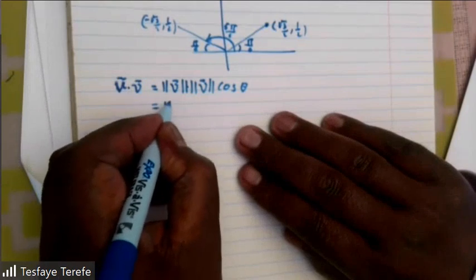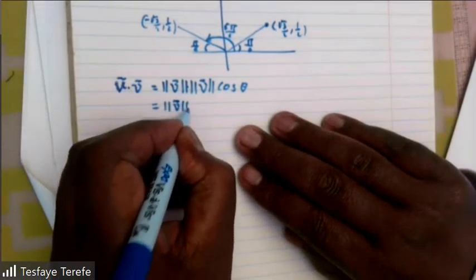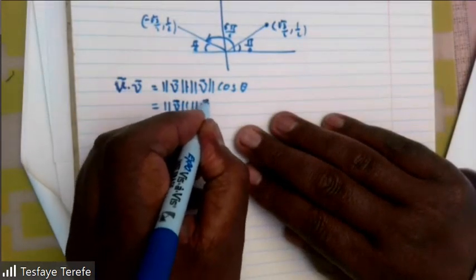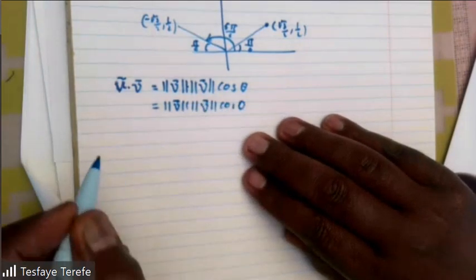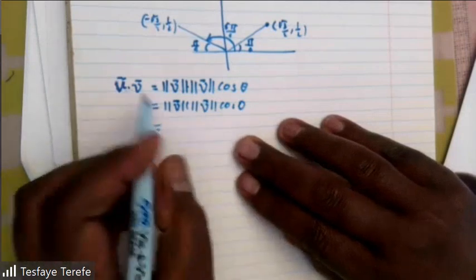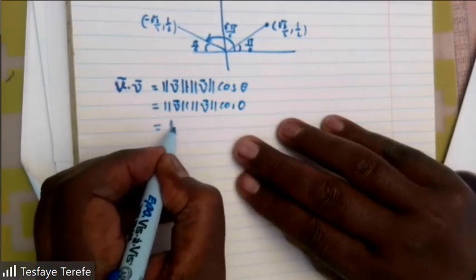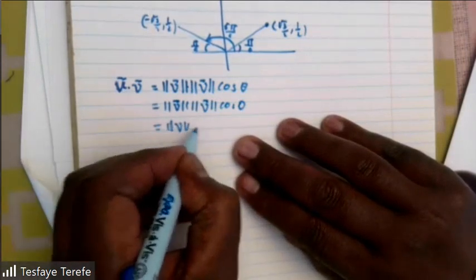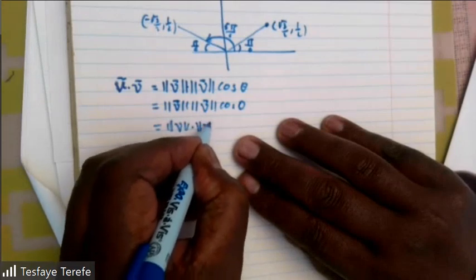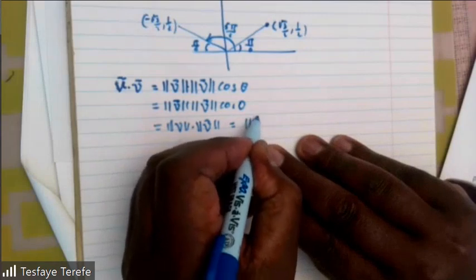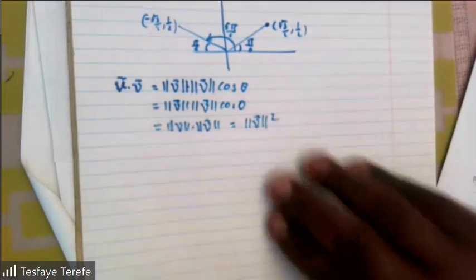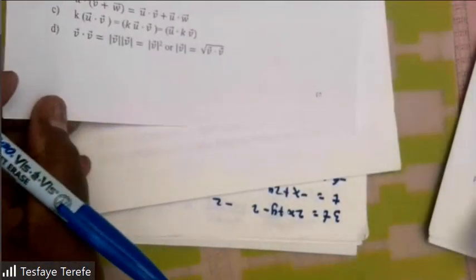Therefore, cosine of 0, and cosine of 0 is 1. So you end up getting the norm of v times the norm of v, and this is the norm squared. That is what it means. So this is really simple and quick. That's why I intended to show you.